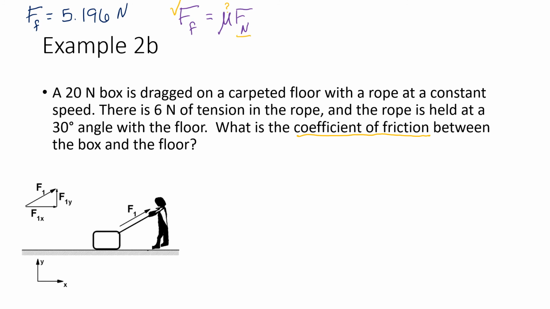So that means we need to figure out what the normal force is. And where do we find the normal force? In our y summation equation. So I'm going to rewrite that from the previous slide. So we had normal force minus the force of gravity, but plus the force of tension in the y direction because we were going up.